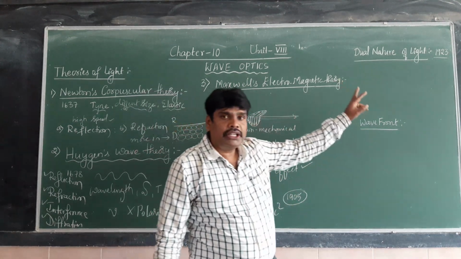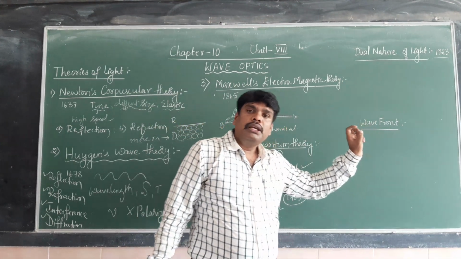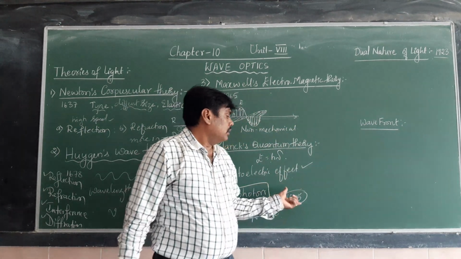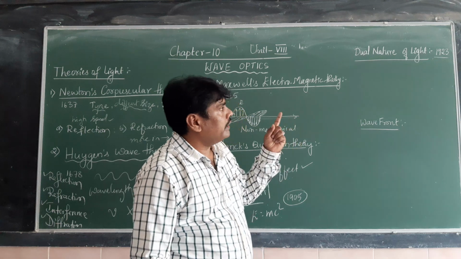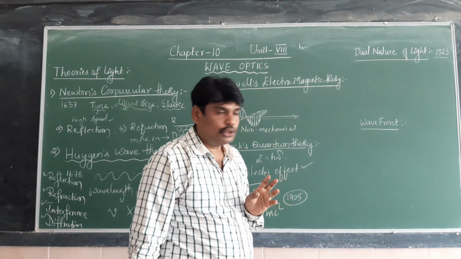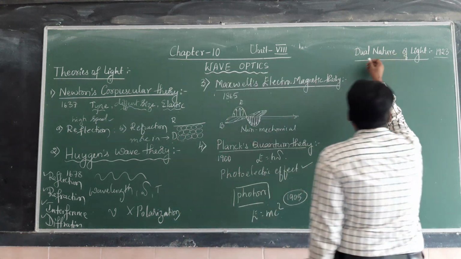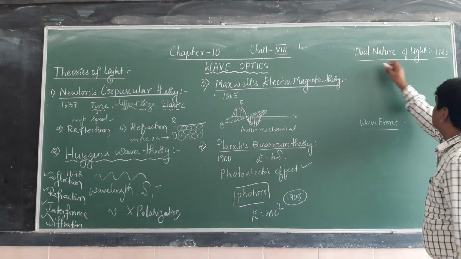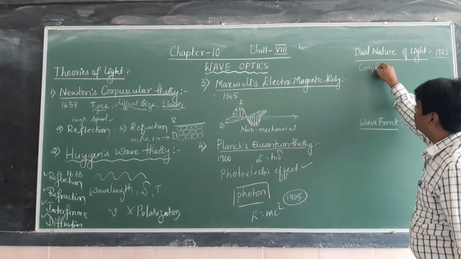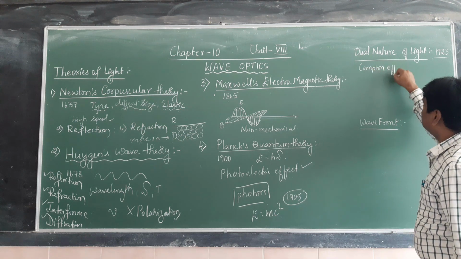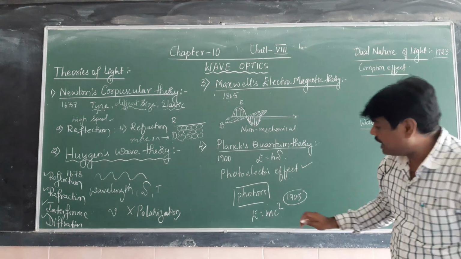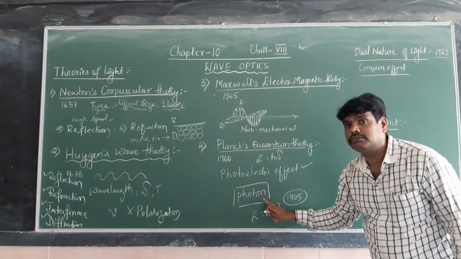But in 1923, de Broglie gave the de Broglie hypothesis, and there is also an effect called the Compton effect. This is the direct experimental evidence of the presence of the photon.